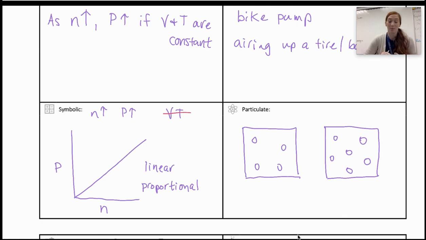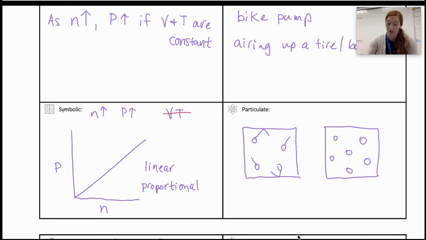but here it's going to be the pressure that changes. So let's go with 2 collisions in our first container to represent our lower pressure. Okay, put our movement lines to show that we're still moving. Okay, more particles are going to be closer together, which means they're going to collide with each other more, and they're going to collide with the container more.